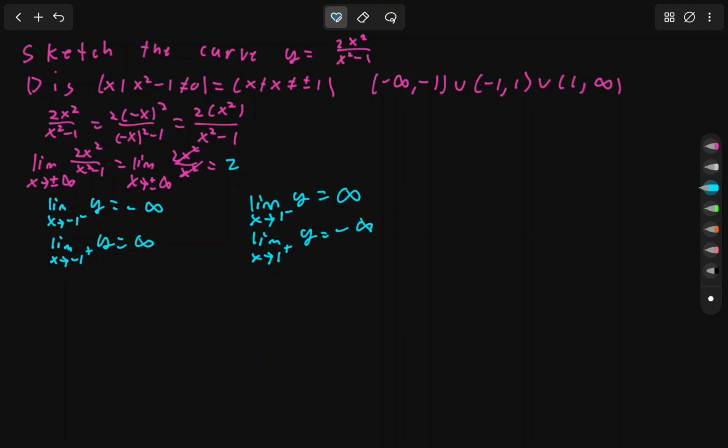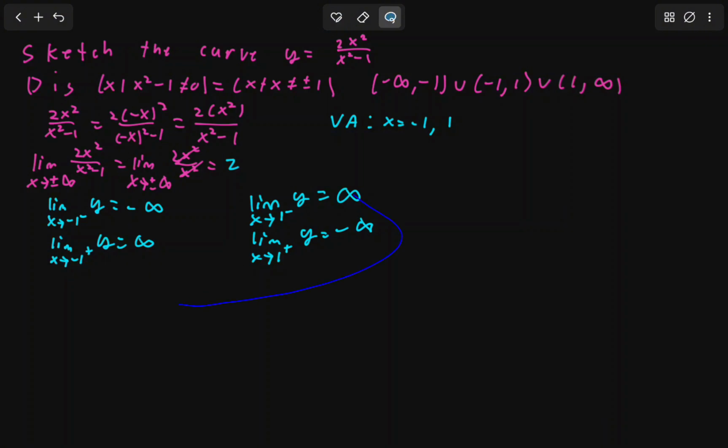That was like the strangest negative infinity I could have ever done. Alright. Now that we've found all the asymptotes, we know that there are going to be vertical asymptotes at x equals -1 and x equals 1.